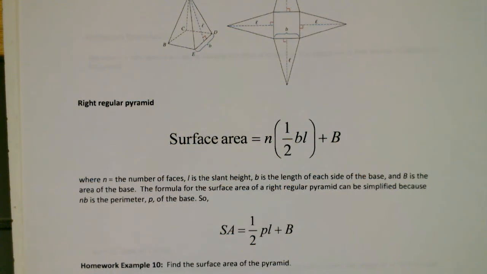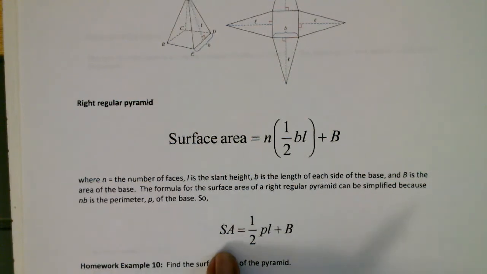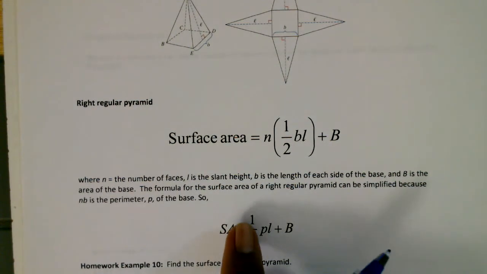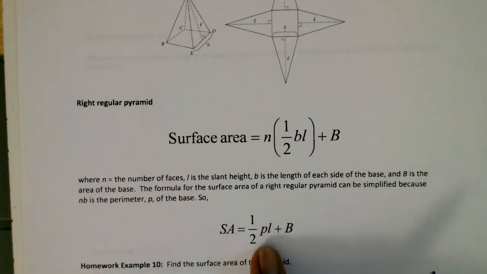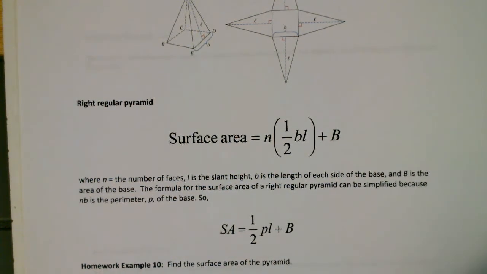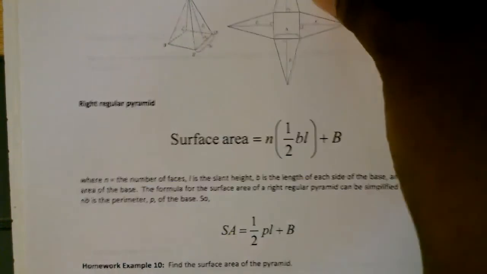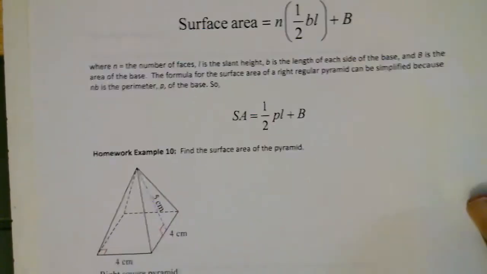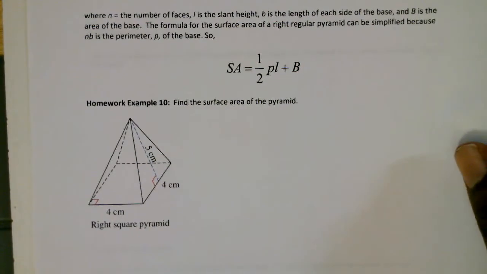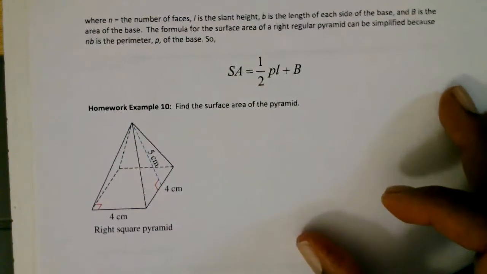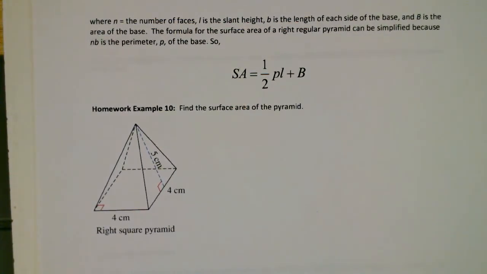So we can use P in place of that. So we can simplify it as this: the surface area is equal to 1/2 the perimeter of the base times the slant height plus the area of the base. So we're going to use that formula with this example, and that is to find the surface area of the pyramid.